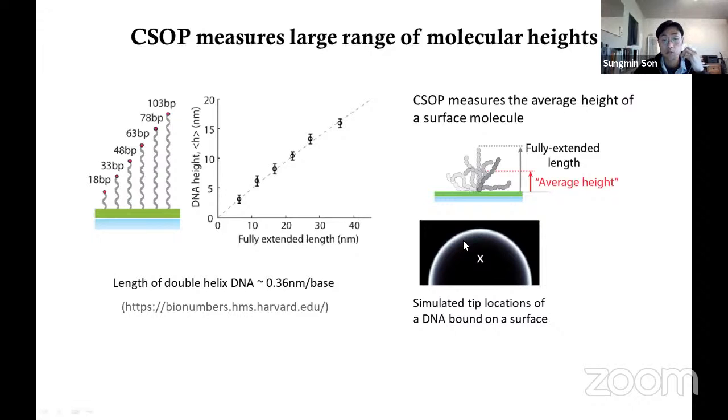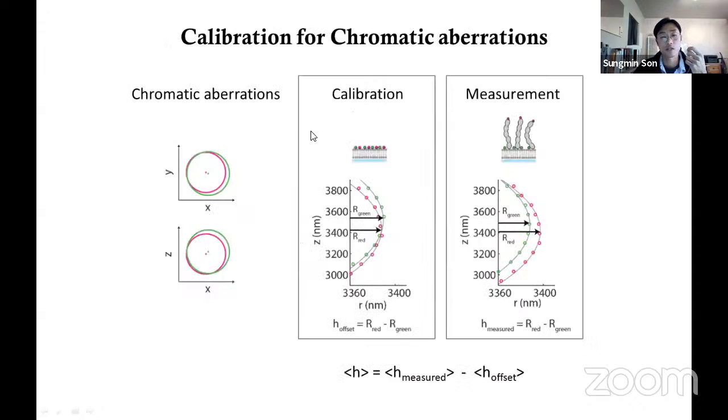Okay, so it's pretty good. The principle still holds, but to actually make this accurate measurement, there was one very important calibration step. This is calibration for chromatic aberrations. So in the microscope, light of different wavelengths bends differently as it transmits through a lens. That's chromatic aberration. And in our case, it shows up as different sizes of circles when you image the red and green circles, for example.